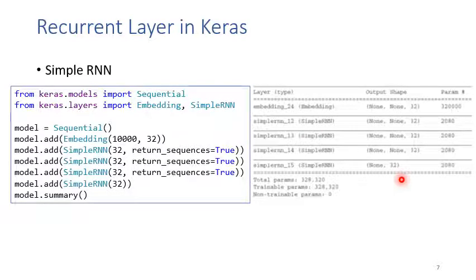Because we have two matrices. Remember, we have the matrix W and the matrix U, each are 32. So it's 32 plus 32, plus bias, multiplied by the output, which is also 32, right? So it's equal to 2080.